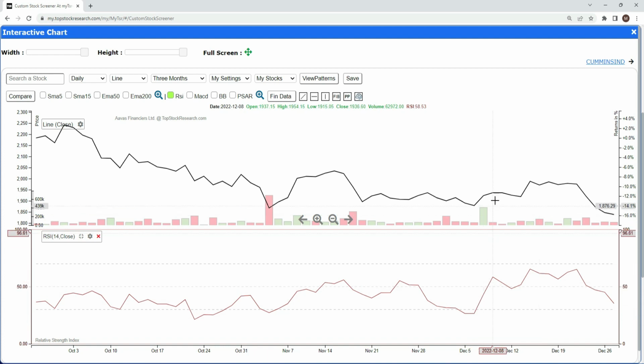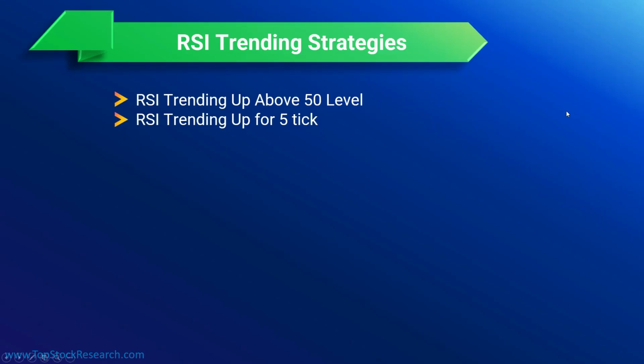It was trending as well as going above 50, right? So this was a better number. So the idea is just don't restrict yourself to two numbers, 30 and 70. There are a lot many more things in the relative strength index which you can benefit from, right? One of them, as we have seen, is reversal signals. Number two is trending, right? How the RSI is trending on its own.